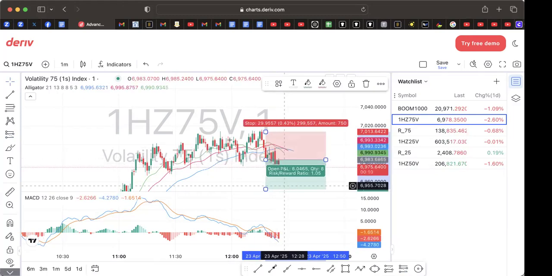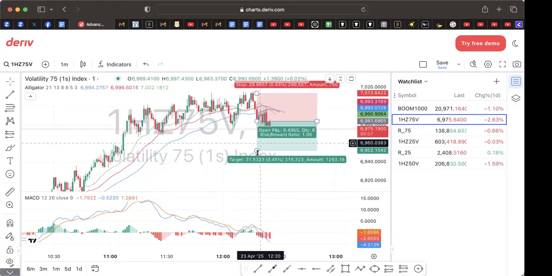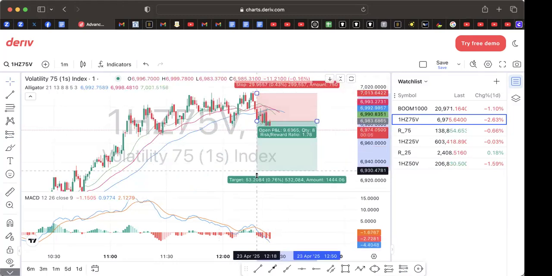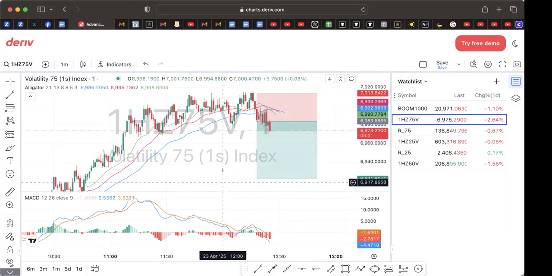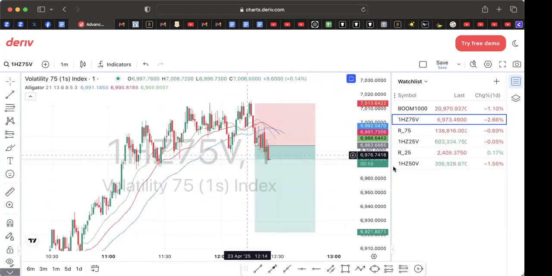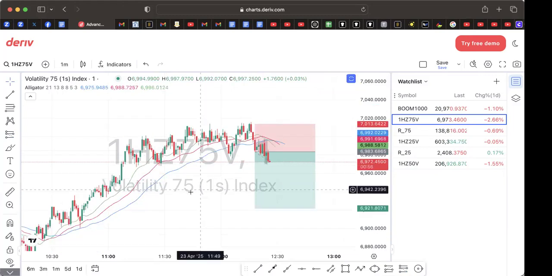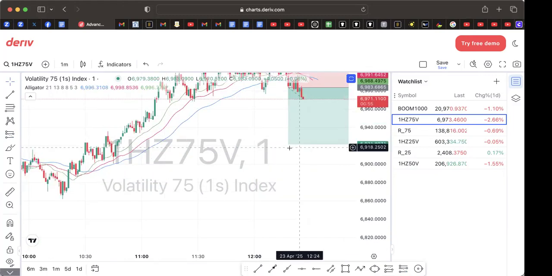So 1:2 risk reward. So your 1:2 risk reward will be there. Okay. Assuming I'm holding my MT5. Okay, let me just even check. I will find an entry.